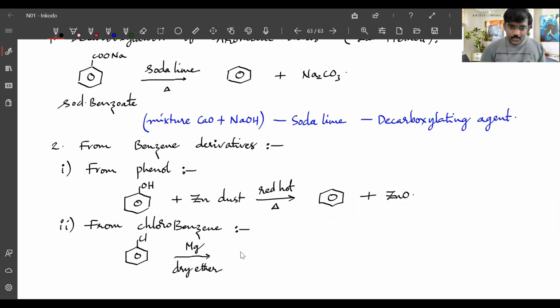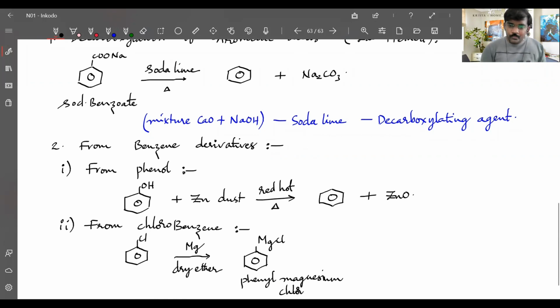Now what will happen is it will convert into phenyl magnesium chloride initially. So now I'll be getting this compound, phenyl magnesium chloride. We got this phenyl magnesium chloride, and now what we need to do is simple hydrolysis, that means adding water.